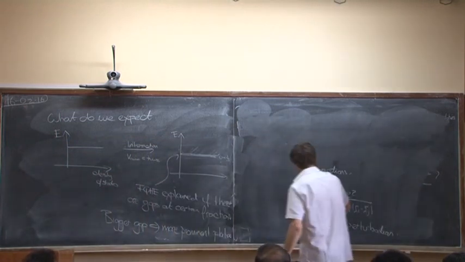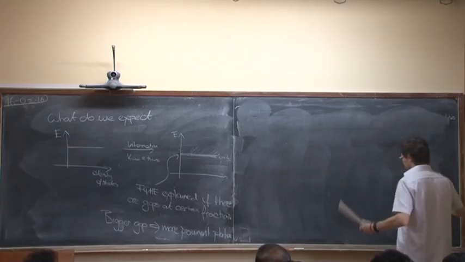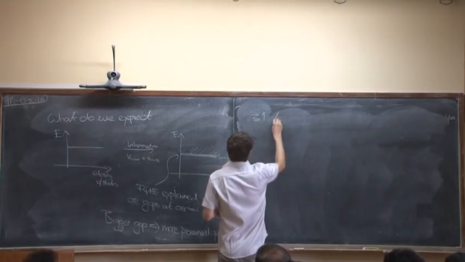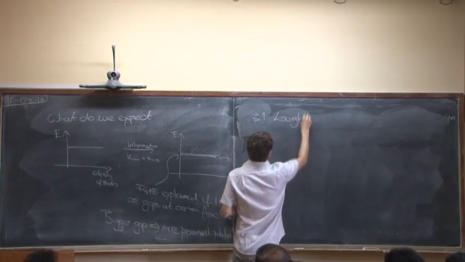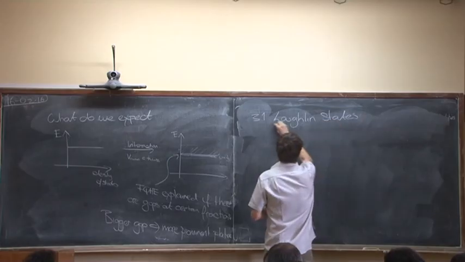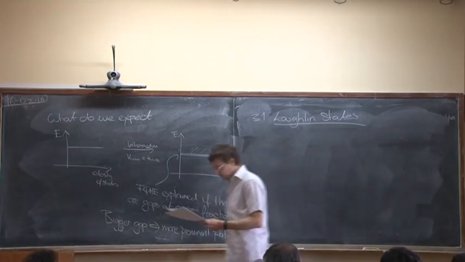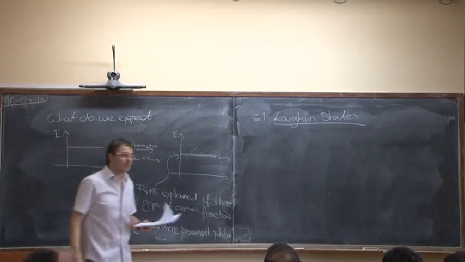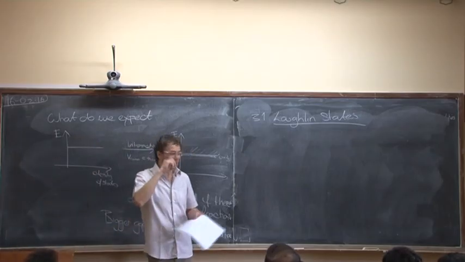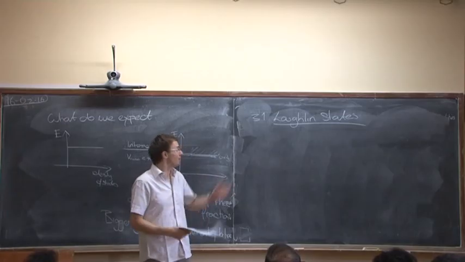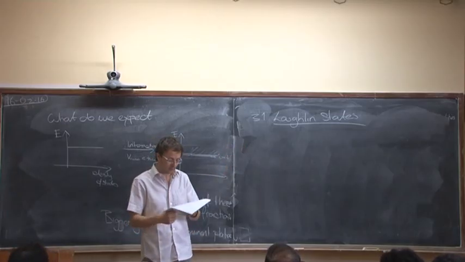Okay. So, what are we going to do? I'm going to start by telling you about the work of Laughlin. I think it's fair to say that there's been a lot of work on this, but this is the single most important step in understanding the fractional quantum Hall effect, and it's what Laughlin wanted to know.